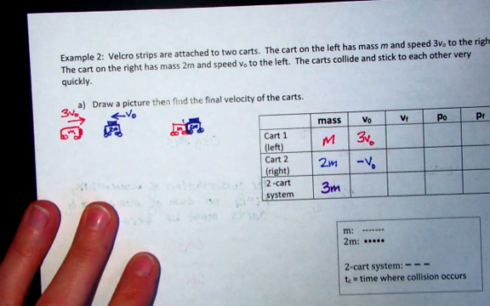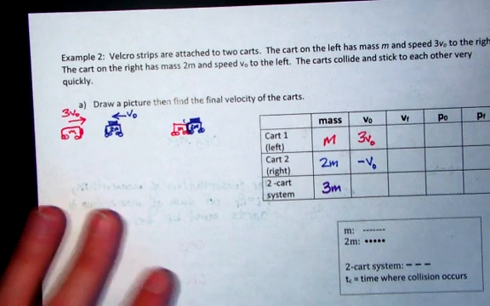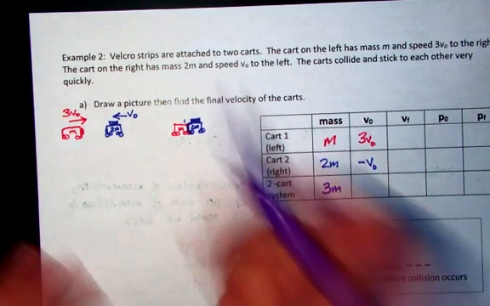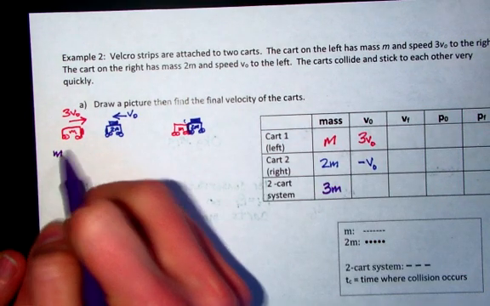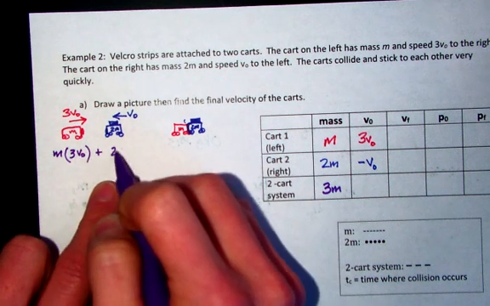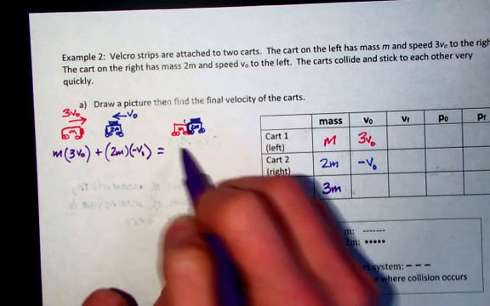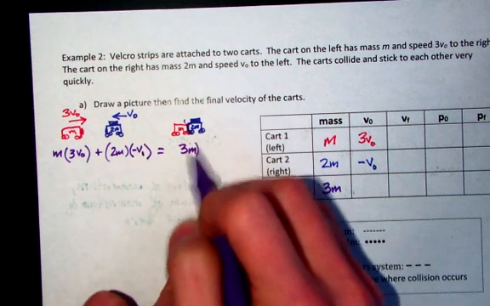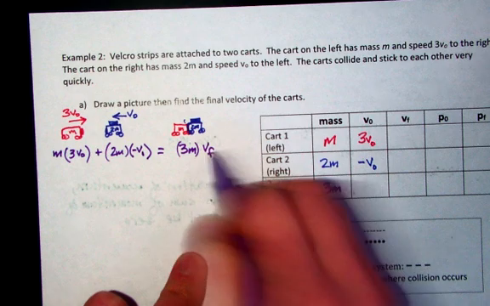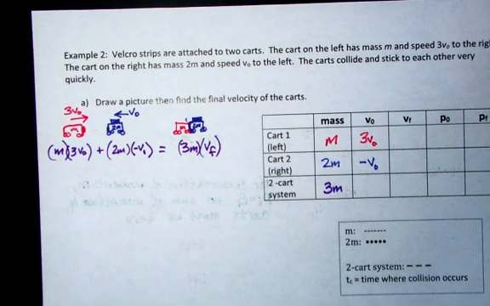So anytime I have an explosion or anytime I have a collision, I'm setting up a momentum before equals momentum after, and I'm drawing the pictures before. So here's my before. So I have mass times 3 v0. So mass times velocity plus mass times velocity equals mass times, and in this case, the velocity is a final velocity. Okay, so I wrote a momentum equation for all of them.